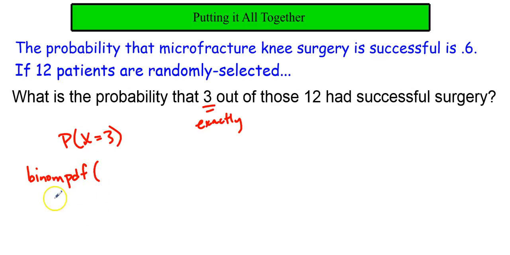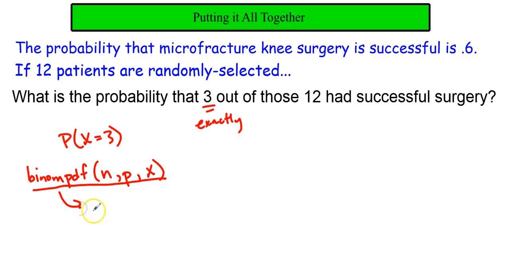What you need to specify for this particular thing is n, the number of trials, p, the probability of a success, and lastly, how many successes we're looking to calculate the probability of out of 12. So this is what I need you to specify.